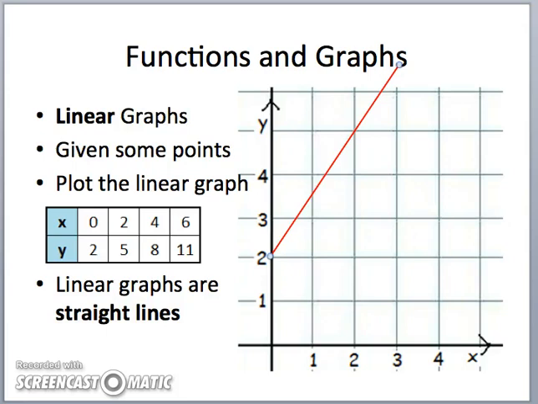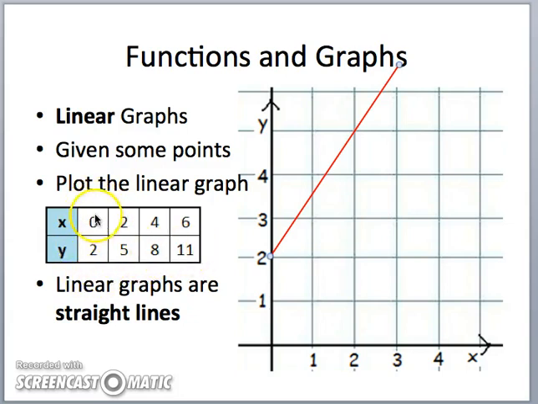When we want to plot some linear graphs, we will be given some points, or we have to work out the points, and then we work out the coordinates we need and plot the graph. Here we've been given some points. The x coordinates are 0, 2, 4 and 6, and the y values are 2, 5, 8 and 11.